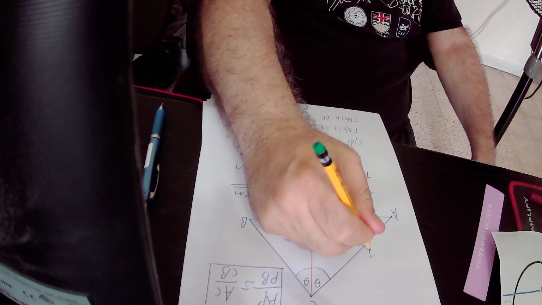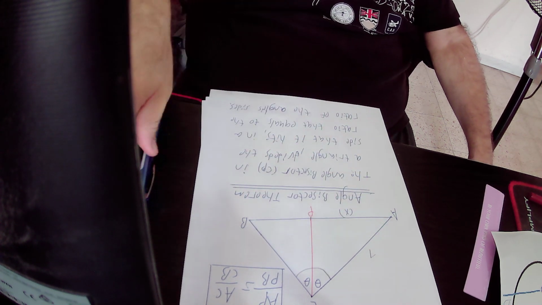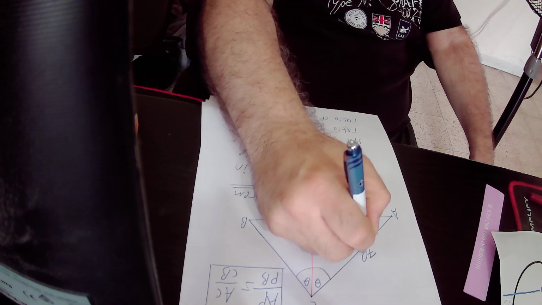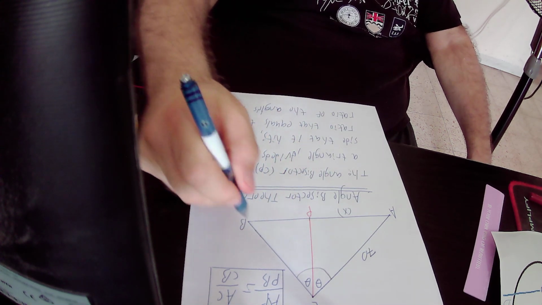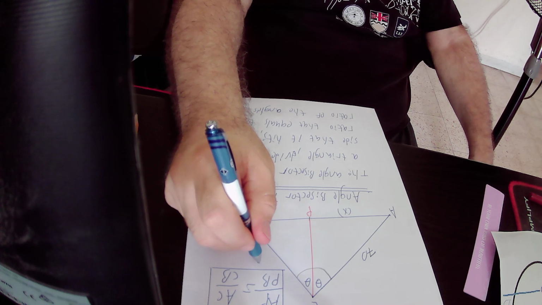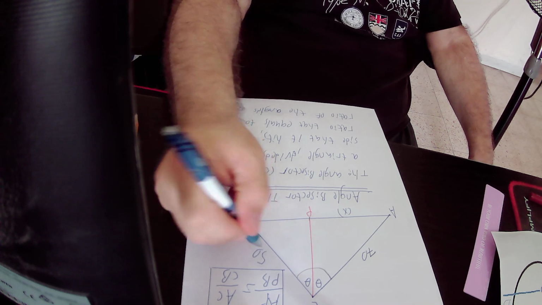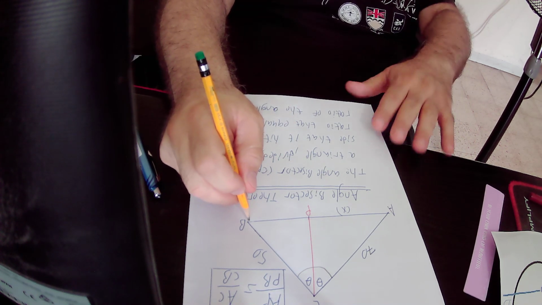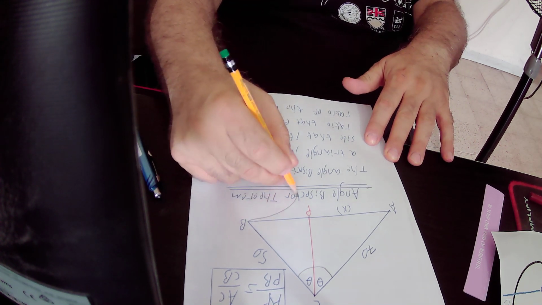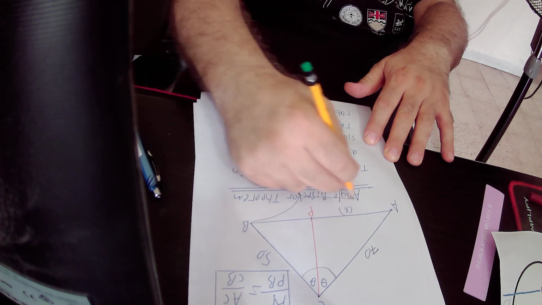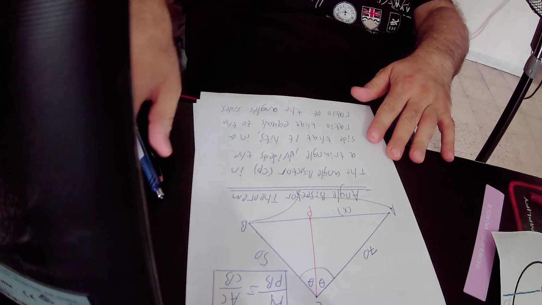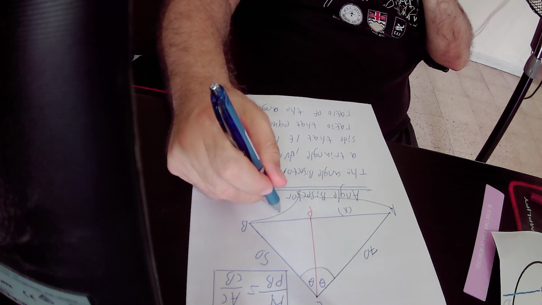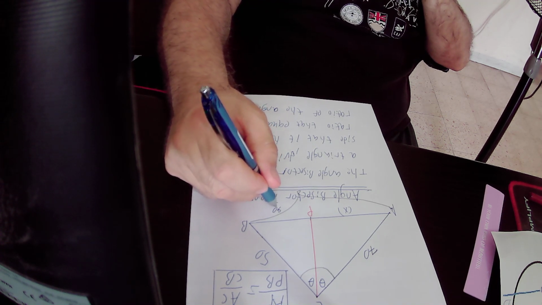Side AC equals 70 units, side CB or BC equals 50 units, and side AB equals 90 units.